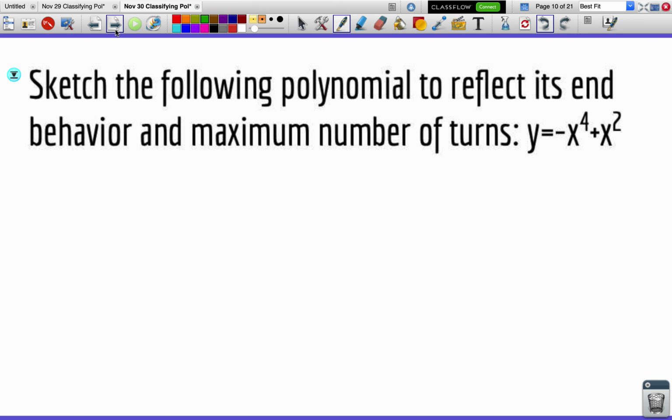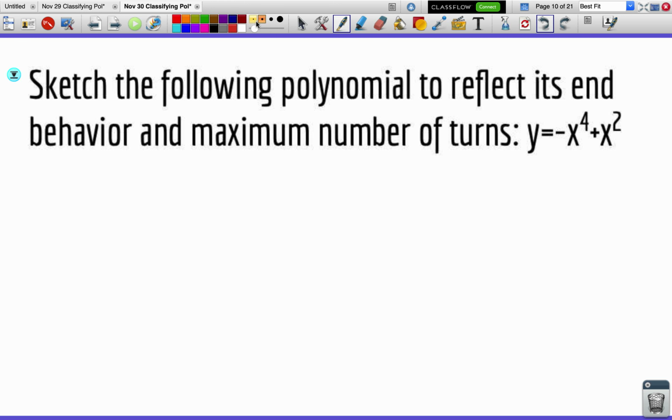All right. So using that information, we can get a sketch of a polynomial going. Go ahead and copy down this polynomial, y equals negative x to the 4th plus x squared. We're going to use what we know now about end behavior and number of turns to do an okay sketch of this.